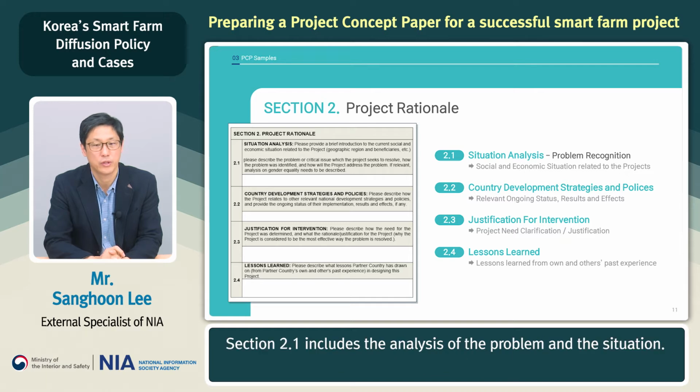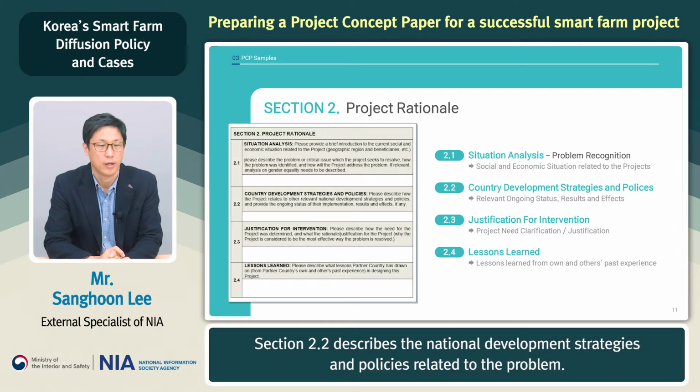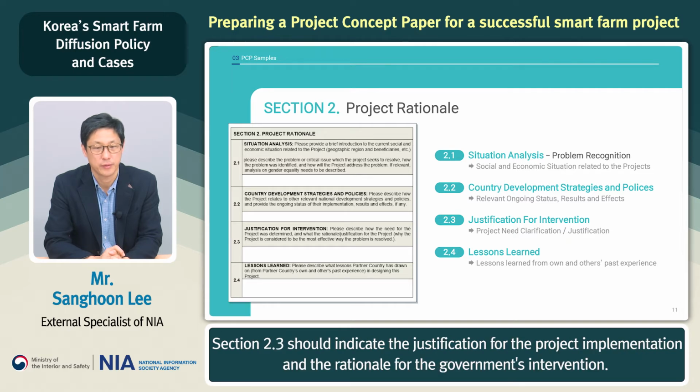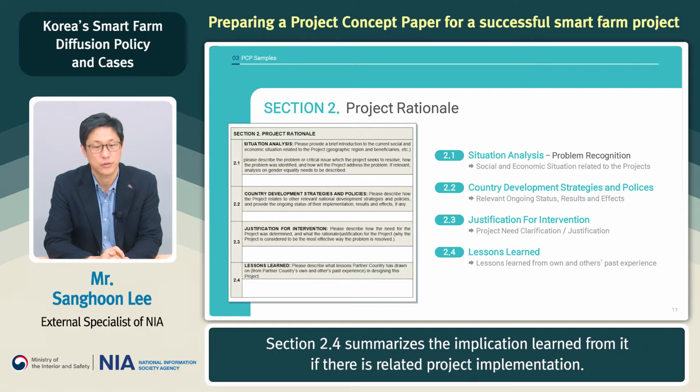Section 2.1 includes the analysis of the problem and the situation. And Section 2.2 describes the national development strategies and policies related to the problem. And Section 2.3 should indicate the justification for the project implementation and the rationale for the government's intervention. And Section 2.4 summarizes the implications learned from it if there is related project implementation.